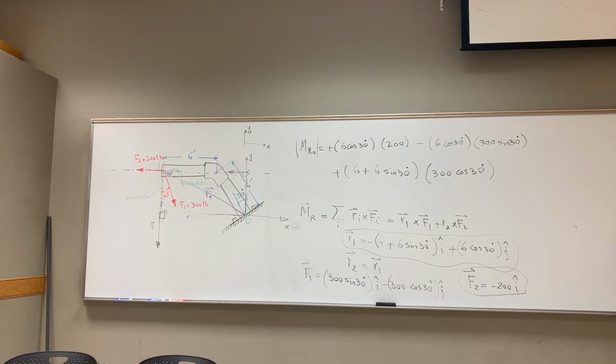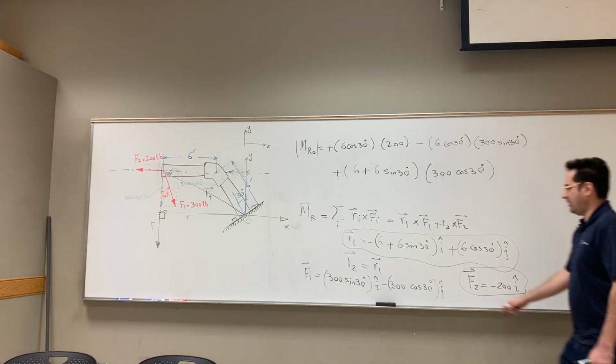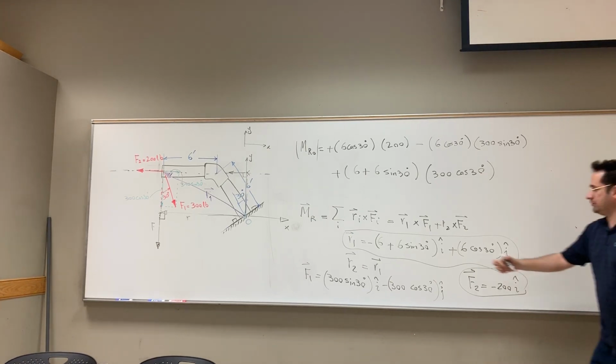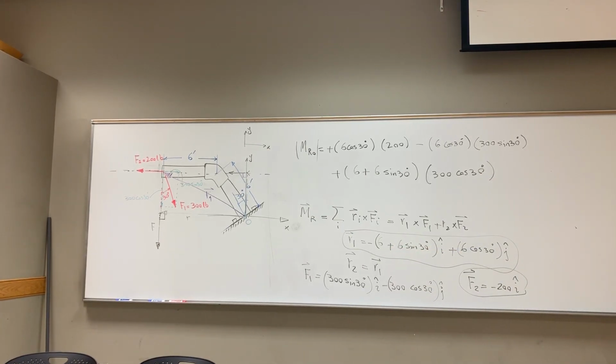That's going to be R1, which is 6 plus 6 sine 30 I plus 6 cosine 30 J. That's your R1, right?